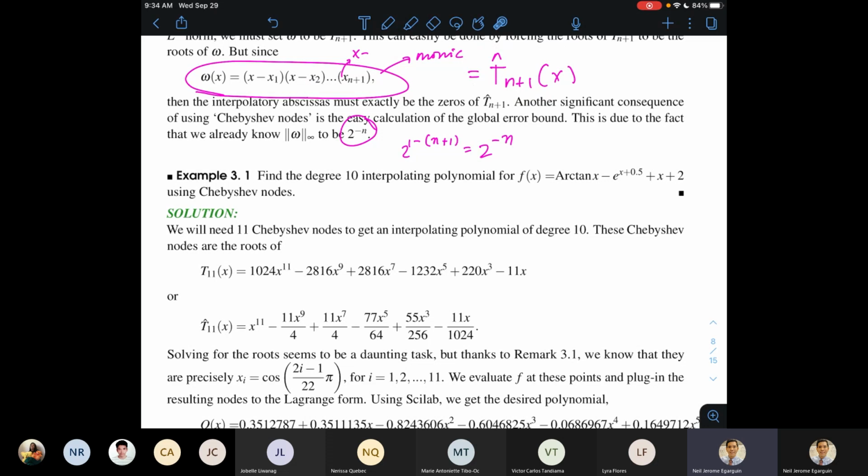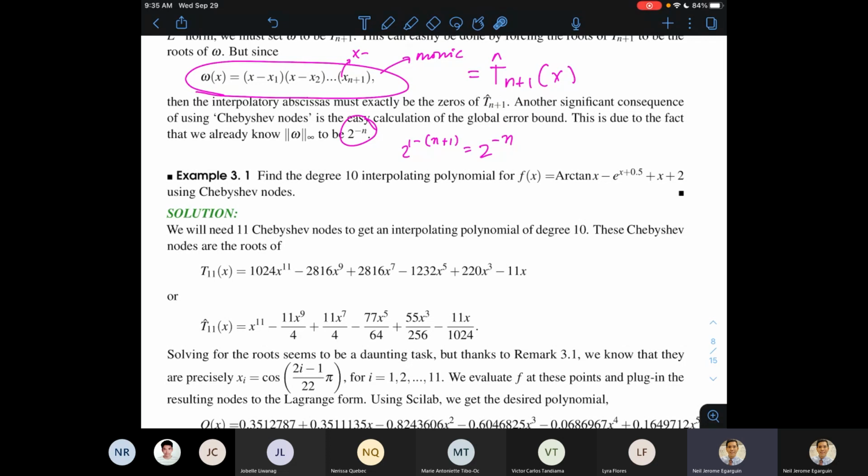So kung yung mga x subies, gagawin kong equal dun sa mga roots ng monic Chebyshev polynomial, then omega will be equal to T hat. So dahil magiging equal sila sa isa't isa, mai-inherit ni omega yung pinakamaliit na L infinity norm, which turns out to be equal to 2 to the negative n ng T hat sub n plus 1.